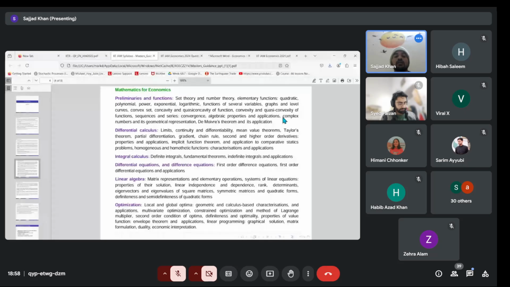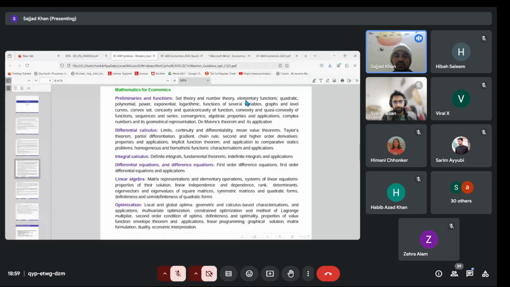But one question, a one-mark question, has been asked every year from concave sets, concavity, quasi-concavity, and convexity. Next, sequence and series, convergence and divergence, and the quasi series is the most important in convergence. And algebraic properties; they will not ask about complex numbers. We should focus on the limited things which have a higher probability than other things.